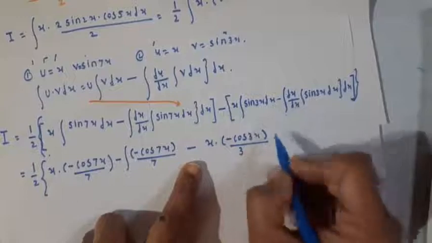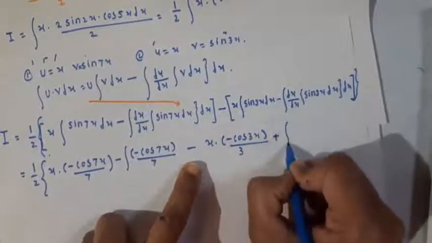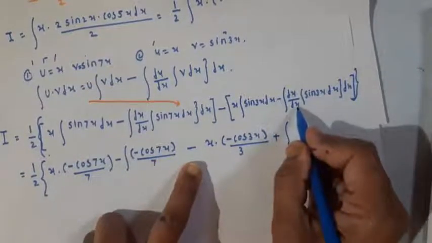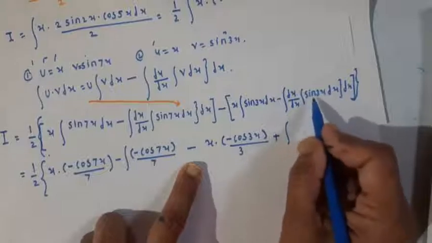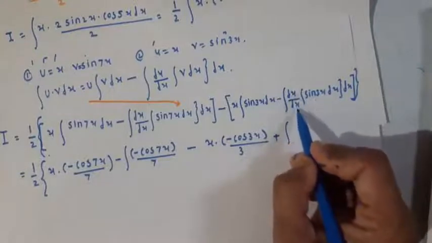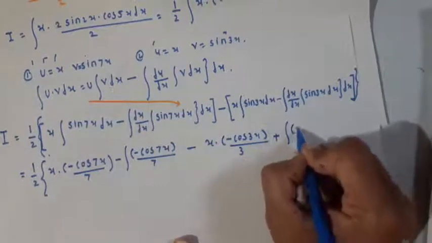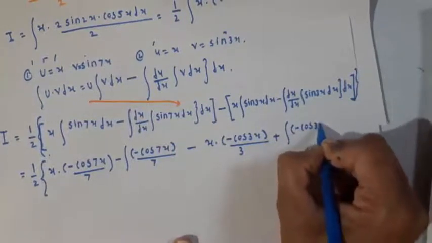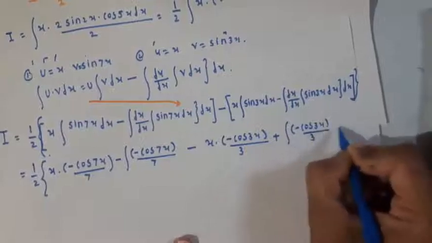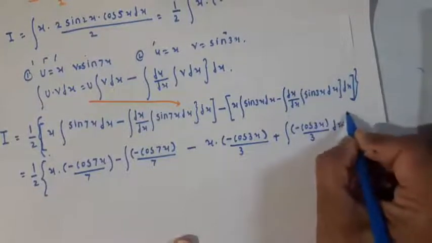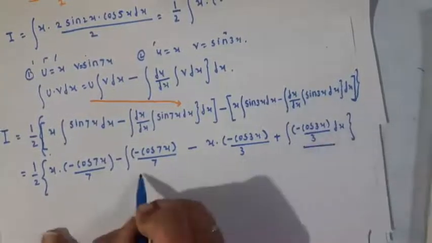Then minus minus, this is plus, integration of x with respect to x is 1 and differentiation of x with respect to x is 1 and integration of sine of 3x is minus cos of 3x upon 3 with respect to x, and now we have to integrate this term and this term only.